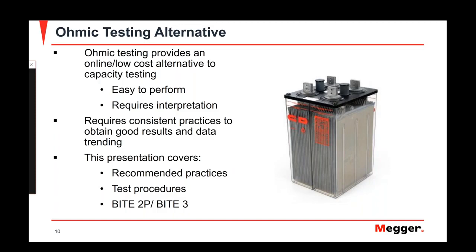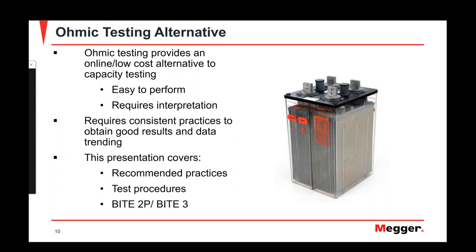The test is easy to perform, and it does provide a lot of valuable data without having that big logistical investment. However, this test does require some preparation to ensure that we achieve quality results. And once we get those results, it does require some interpretation, as ohmic testing doesn't have a hard, fast value that we're looking for whenever we take those measurements.